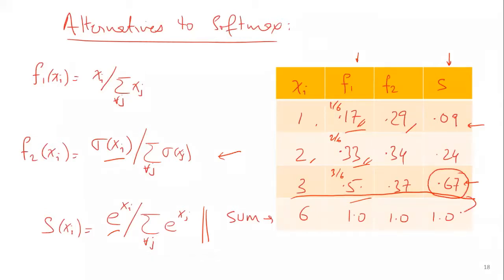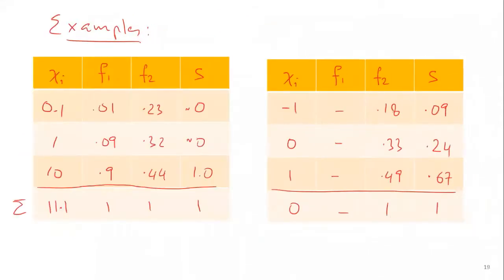Okay, so this is a function which is typically used. And if you look at some other examples, you'll see why it's also useful, because this was the simple sum, this was using a sigmoid, and this was using the softmax. S stands for softmax. Now notice that here's an example: -1, 0, 1.